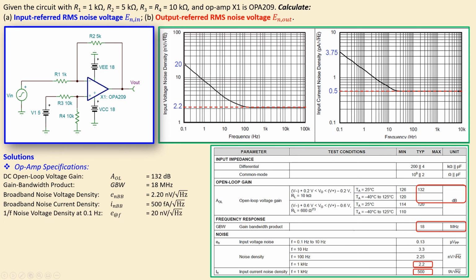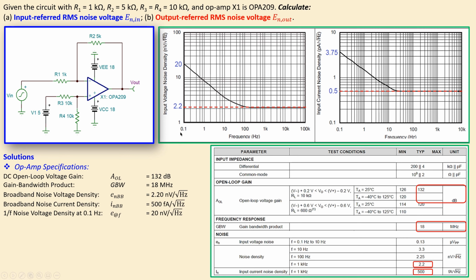In addition, we have the first part, as I said before, that is the part where the input noise voltage spectral density will change as a function of frequency. This part is called the 1 over F noise part, which is in this case the 1 over F noise voltage density, and we will most of the time specify that at a specific frequency. In this case, it's 0.1 hertz. So that is the symbol for that one, and that is given by this value, 20 nanovolts per root hertz.